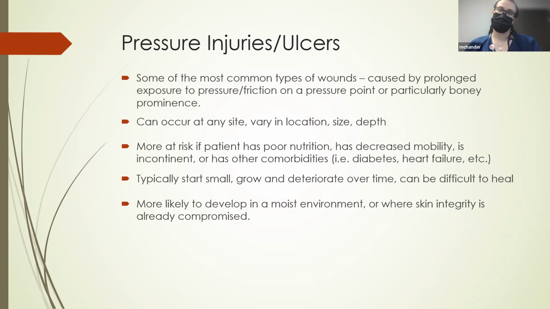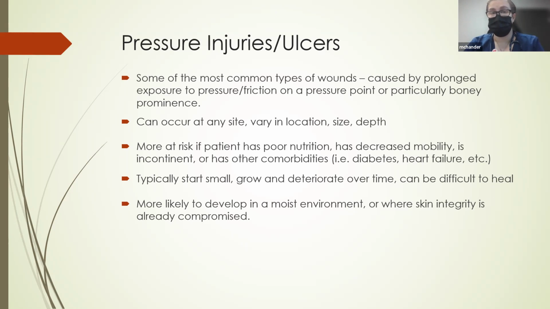So a bony prominence is where you have like your hip bone or your tailbone. They have more pressure on them when you're lying flat or sitting, and those are some of the most common places that you find those. They can occur at any site. They vary in location. They also vary in size, depth, and severity.